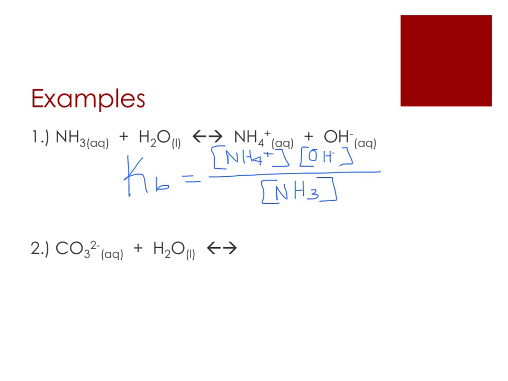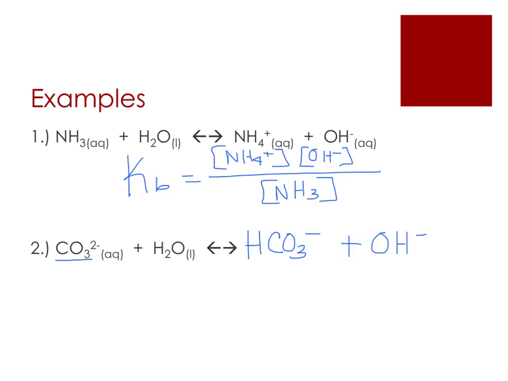In this case, since CO3 2- has no H+ to give, it's going to act as the base and accept an H+ from water to form HCO3- and leave behind OH- from water. Pause the video here and practice writing the Kb expression for this reaction.